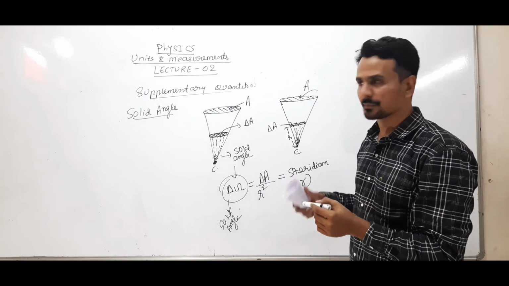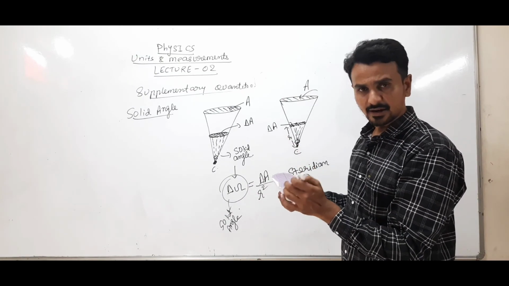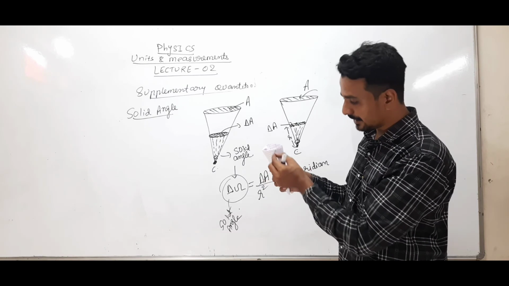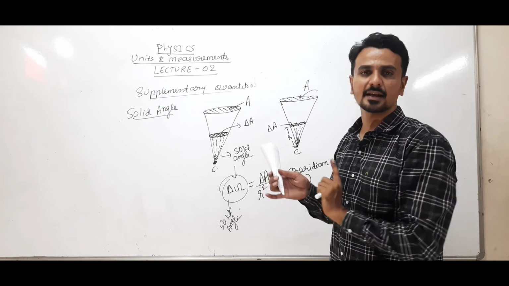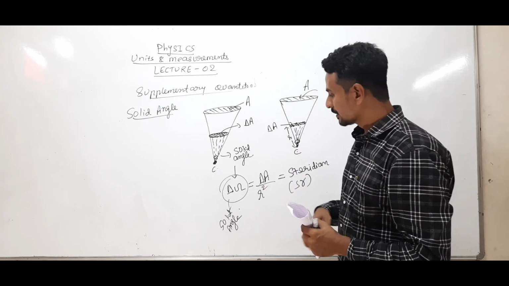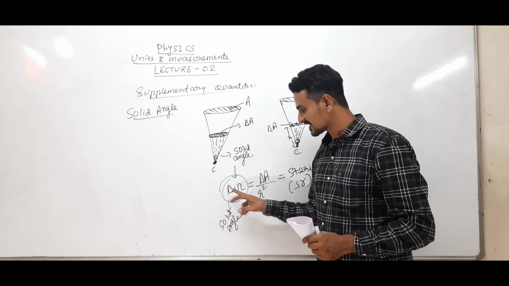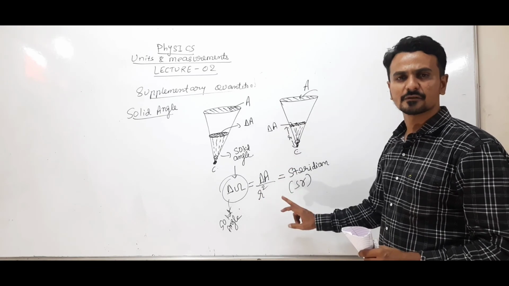The same I was explaining by taking an example of cone. This is the area delta A, and from each and every point, I am drawing a line which joins here. So this angle is known as solid angle. This symbol is known as omega. So delta omega is equals to delta A by r square.